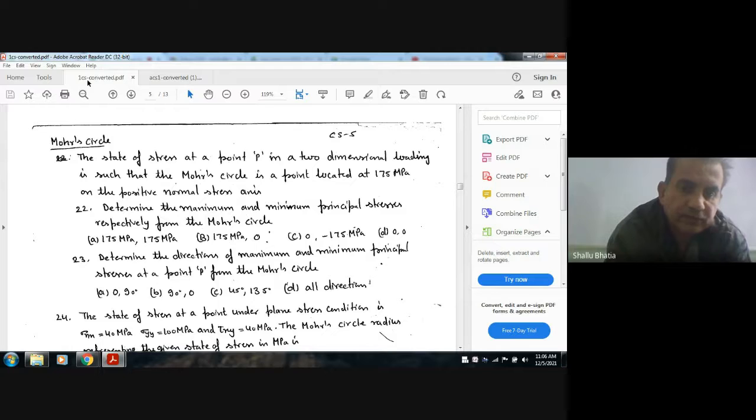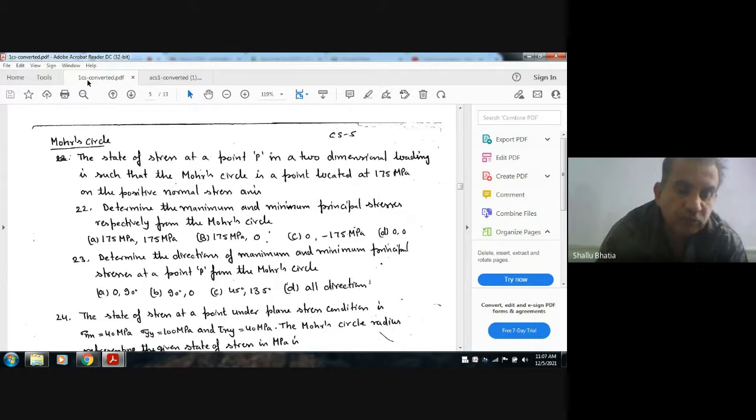Second question: determine the direction of the maximum and minimum principal stress at point P from the Mohr circle. Now the Mohr circle is a point, and in all directions the stresses sigma x and sigma y are 175 MPa.